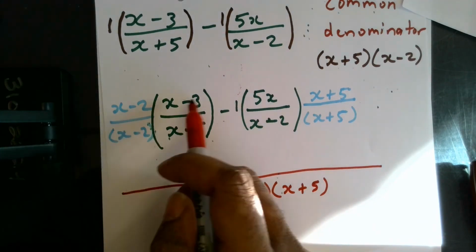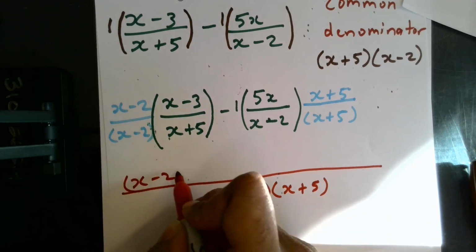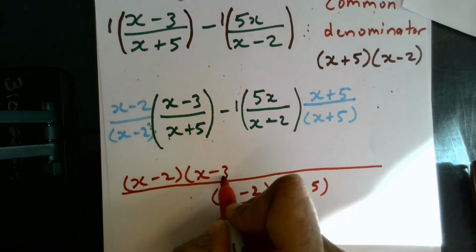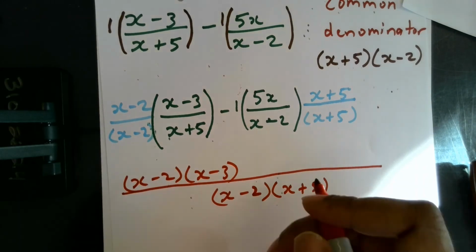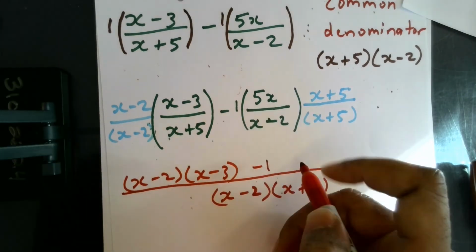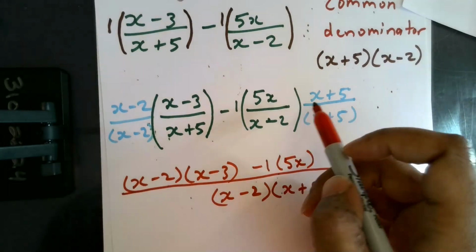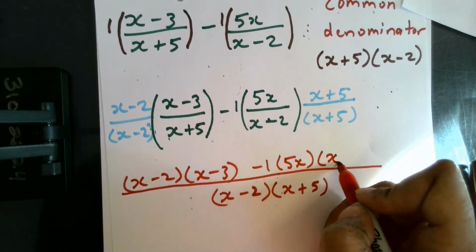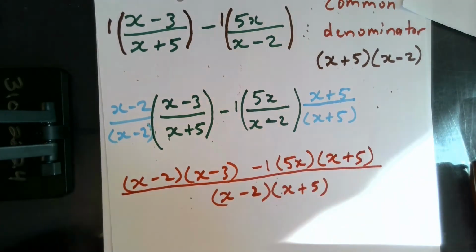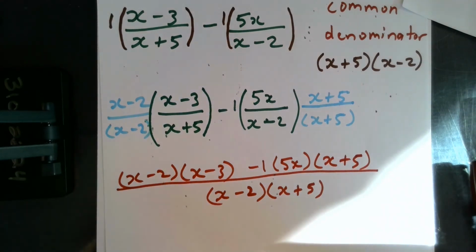And then you're going to have at the top x take away 2 times x take away 3. And we're going to have our minus 1 here. Minus 1 times 5x times x plus 5. Then we continue working.